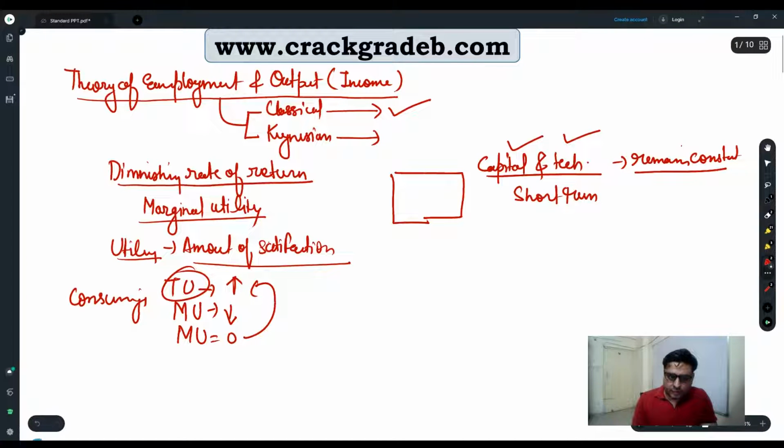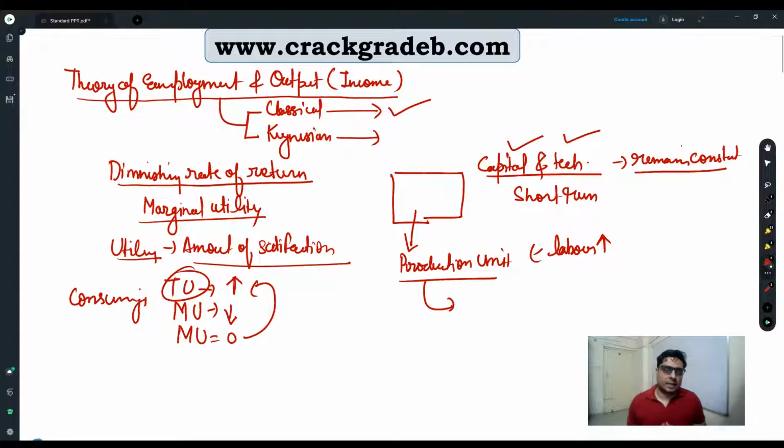So if this is your production unit and you are increasing labor, then what will happen? Why do you want to increase the labor? Because demand is rising, that's why you are increasing your production.